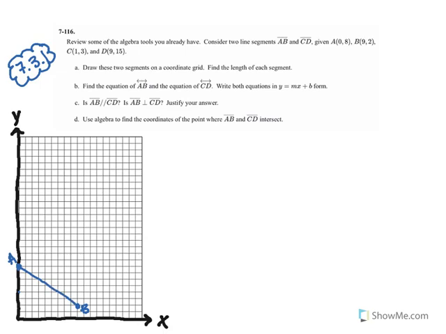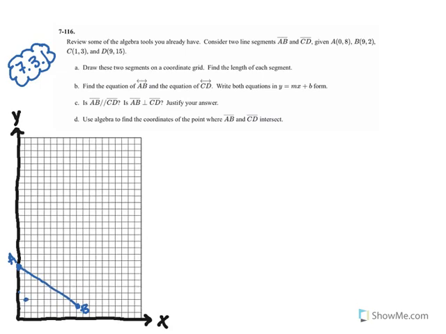Then we have (1, 3), which is C. And (9, 15). And that is D.